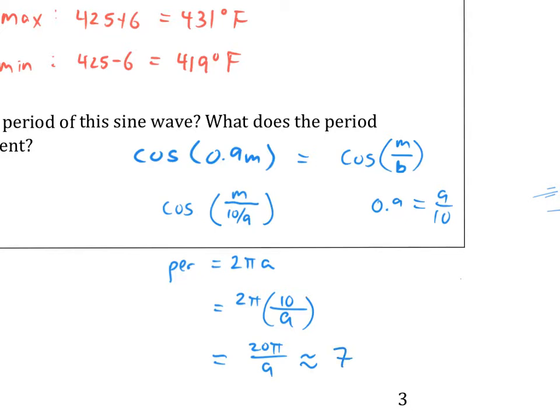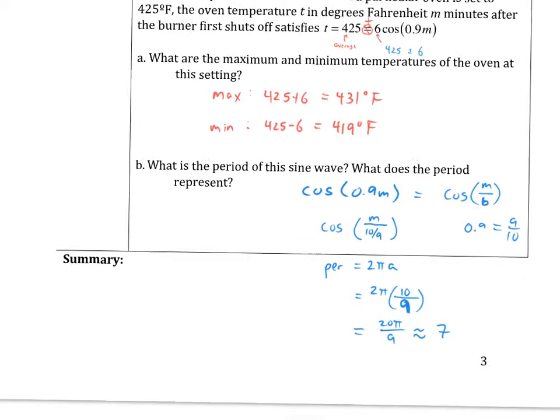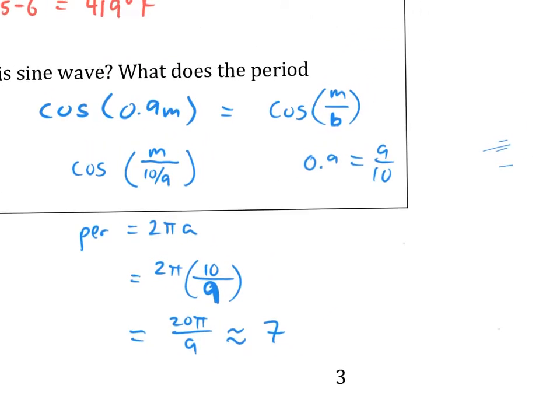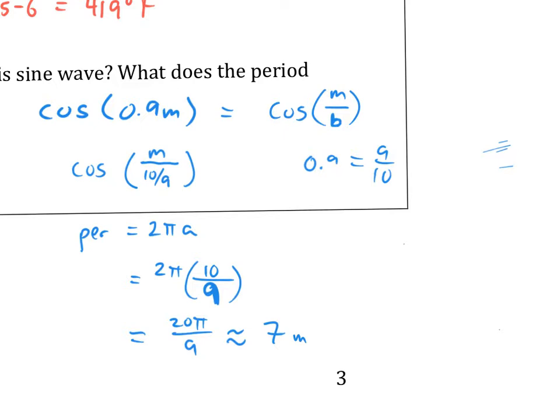7. Is that 10 over A or 10 over 9? 10 over 9. 7 what? That's the key thing on this one here, the period is being measured in minutes. So every 7 minutes, it's going to fluctuate between the high and the low.